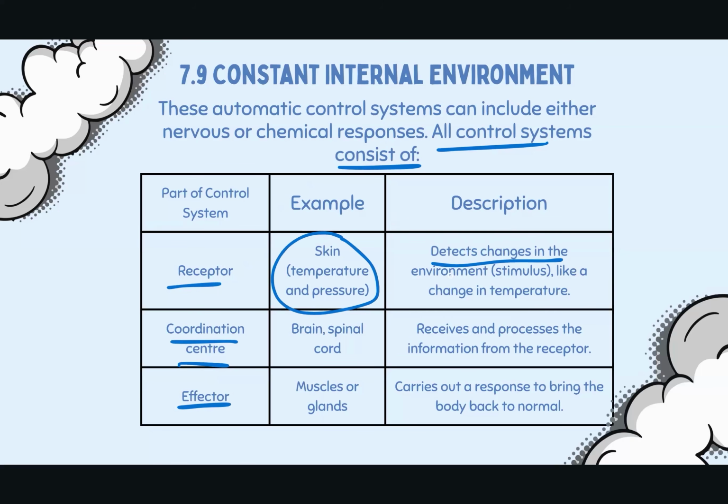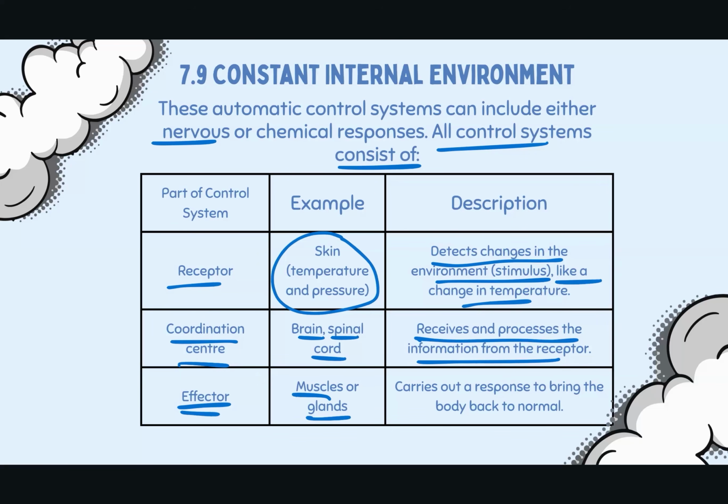It detects changes in the environment, a stimulus, like a change in temperature. It then sends a message to the brain or the spinal cord. The brain and spinal cord receive that information from the receptor and pass a message on to the effector. Now, the effector can either be a muscle, which is an example of a nervous response, or it can be the glands, which is an example of a chemical response.